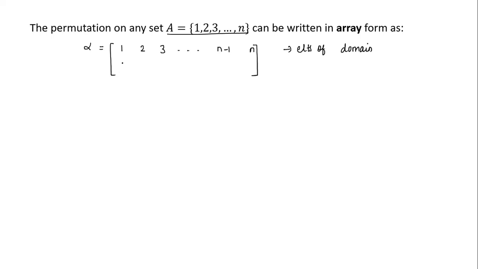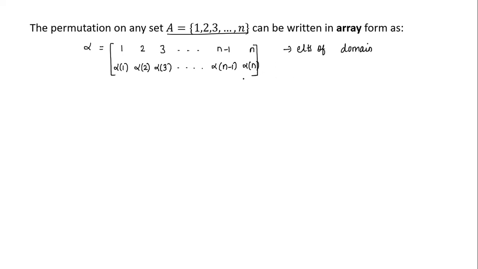That is, under 1 we will have the image of 1 under alpha, alpha of 1. Under 2 I will put the image of 2 under alpha, alpha of 2. Under 3 I will put alpha of 3. And likewise under n minus 1 there will be the image of n minus 1 under alpha, and here the image of n under alpha. So this is how we can write any permutation in array form.